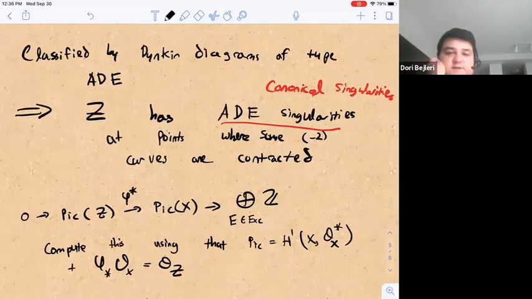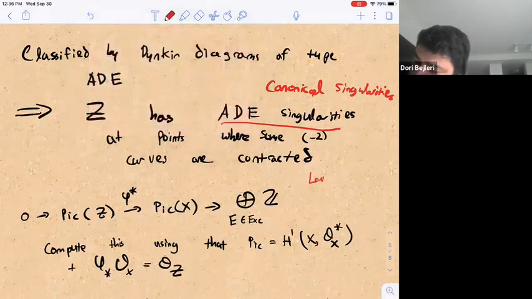And so this is a piece of the exact sequence. This is like the low degree exact sequence of the Leray spectral sequence.